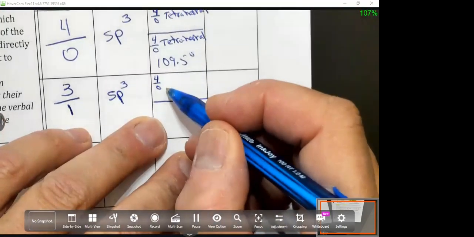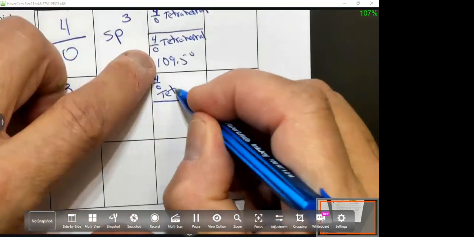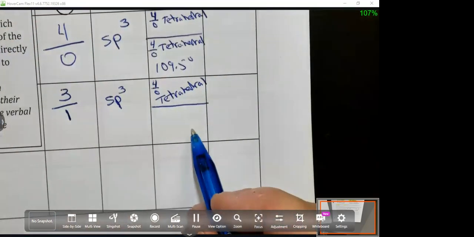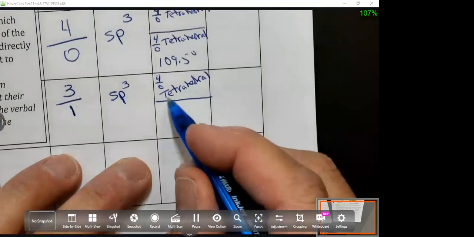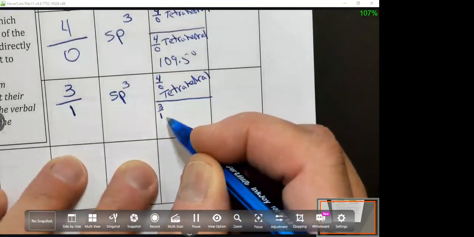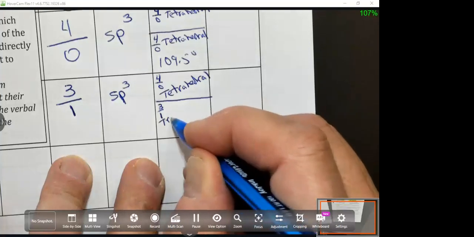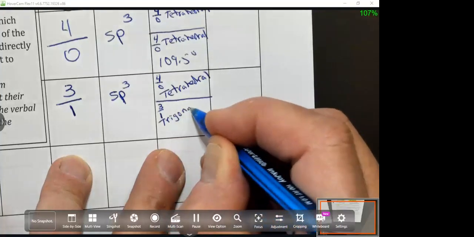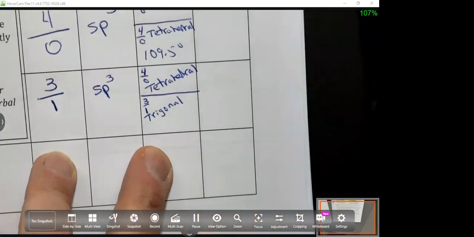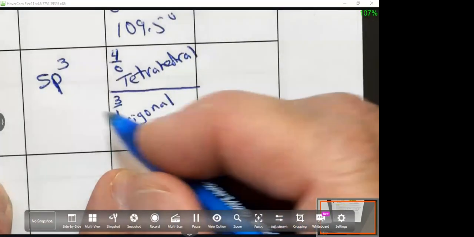So my electron pair geometry is tetrahedral. But my true molecular geometry is a 3-1, and that 3-1 is, see this pronounced both ways, trigonal or trigonal and pyramidal.